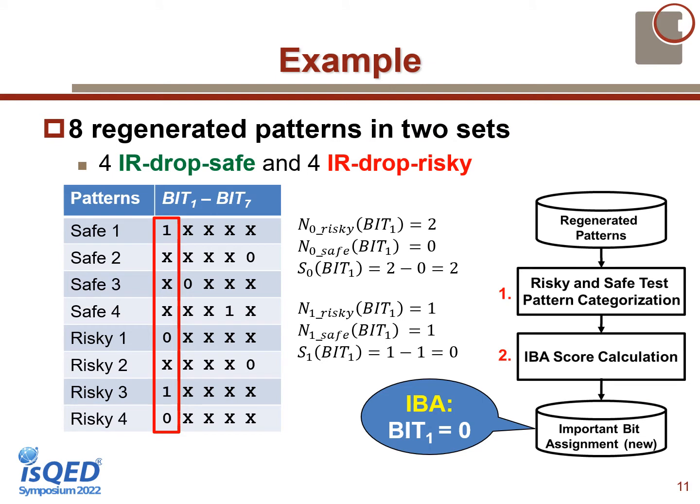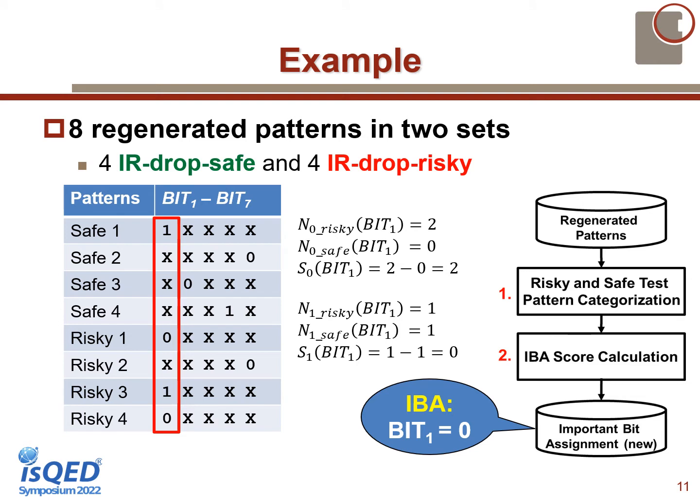In this example, there are 8 regenerated patterns, 4 IR drop safe and 4 IR drop risky. The maximum care bit ratio is 20%. Most of the bits in the test patterns are don't care bits. They are to be filled in low power filling later on. There are 2 IR risky patterns with bit 1 equals 0, so N0 risky of bit 1 is 2.